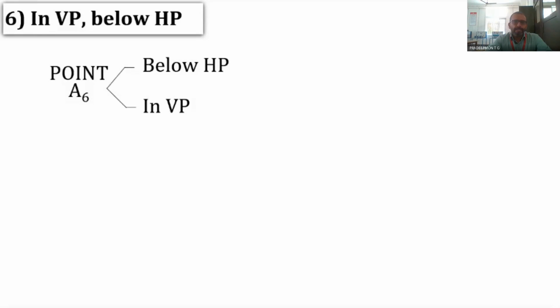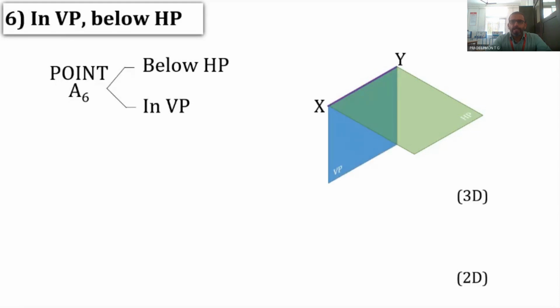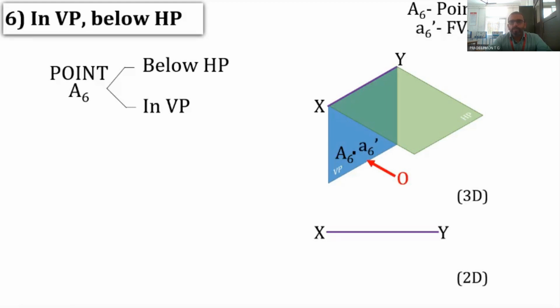The point A6, which is below the HP and it is in VP. So in 3 dimension, the XY line is here, and in 2 dimension, the XY line is here. The point A6 is lying in VP but below the HP. So the observer looks, so A6 will be coinciding with A6 dash, or the front view will be coinciding with the original point.